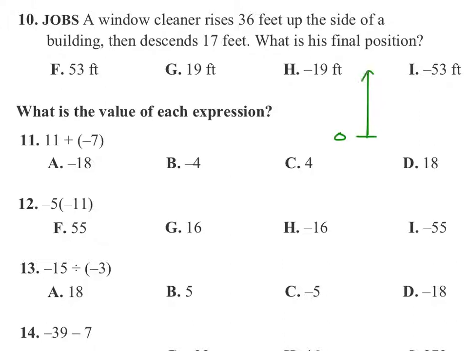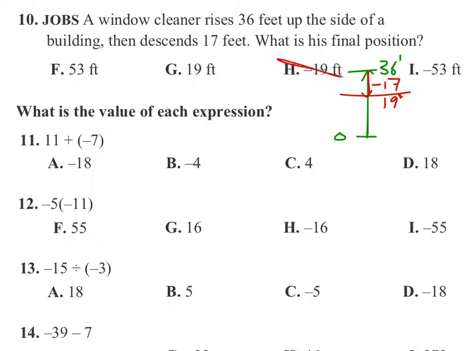He's going to go up 36, right? Up to 36 feet. And then it says descends. That's going downwards another 17 feet. So that would be minus 17, right? That's going to give us 19 feet.